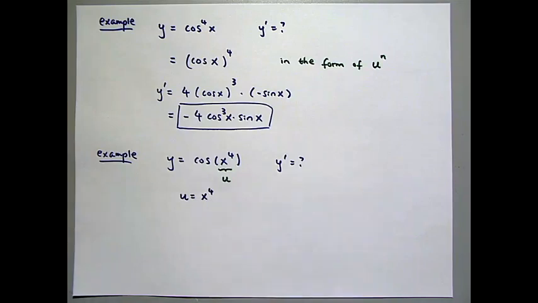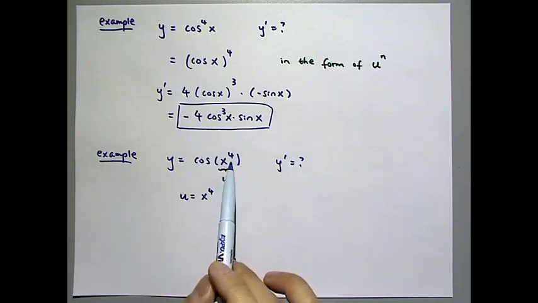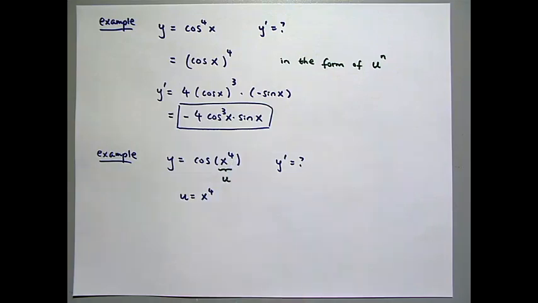The way you identify the inside and outside functions is, like I said earlier, if you were choosing a number for x, what is going to happen first? If I want x to be 2, for example, the first thing that would happen is I would raise it to the power of 4. So that first process that's going to happen, that's the inside function.